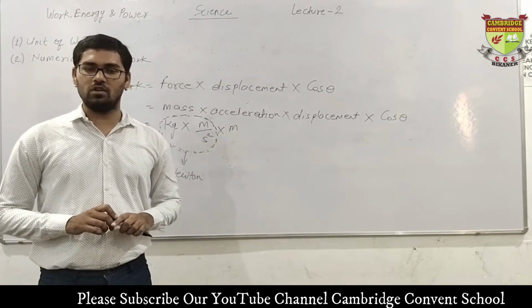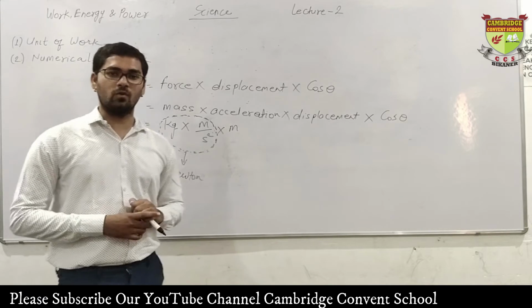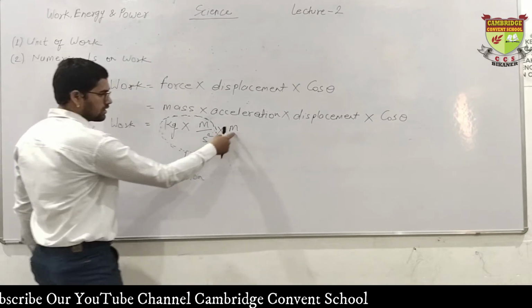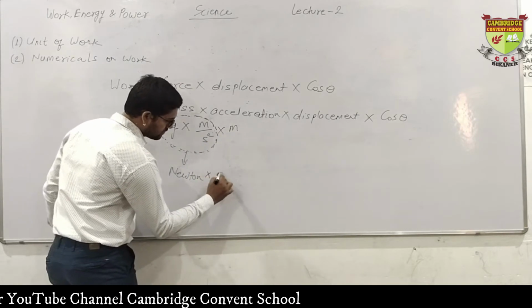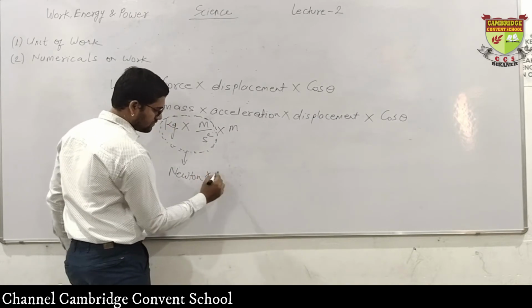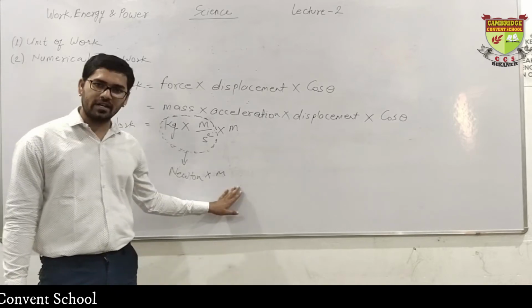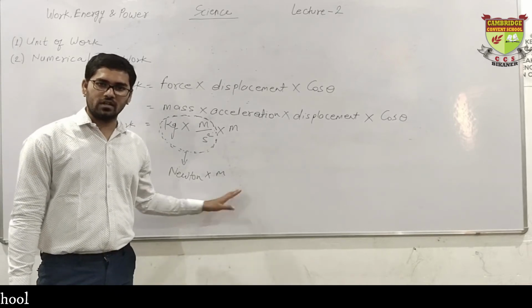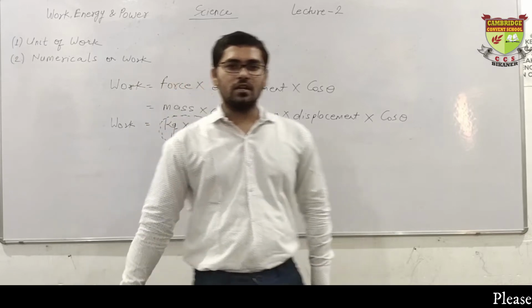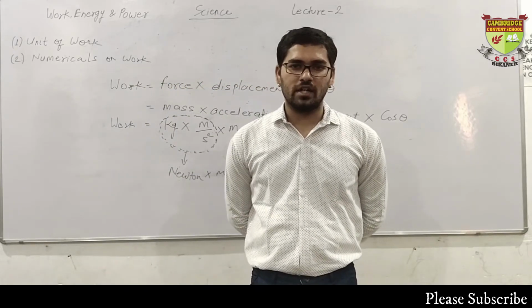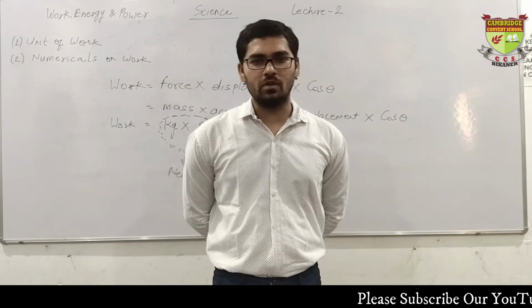10 Newton force, 20 Newton force, 5 Newton, combined with meter. So Newton into meter. Is this the appropriate unit for work? Can you say I have done 10 Newton into meter work, 20 Newton into meter work?